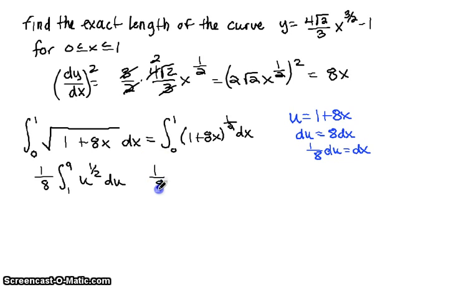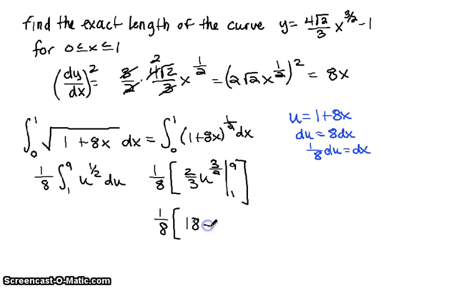So we're looking at 1/8 times, increase the power to 3/2, so 2/3 u to the 3/2 power from 1 to 9. So 9 to the 3/2 is going to be 27 divided by 3 is 9 times 2 is 18. And then 1, plugging all that in, we're going to get 2/3.